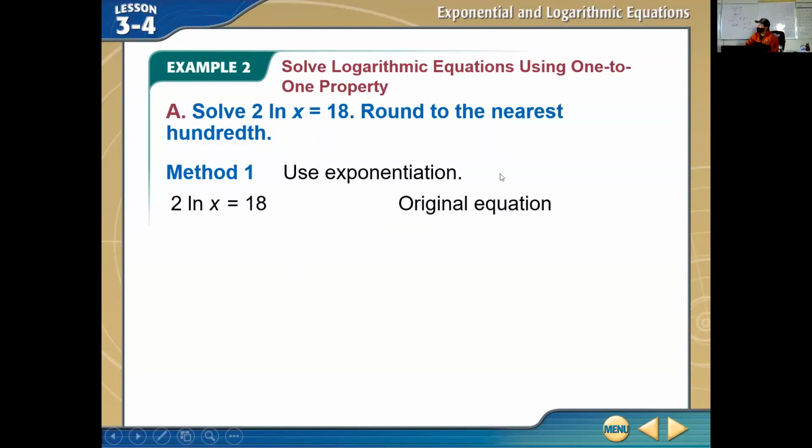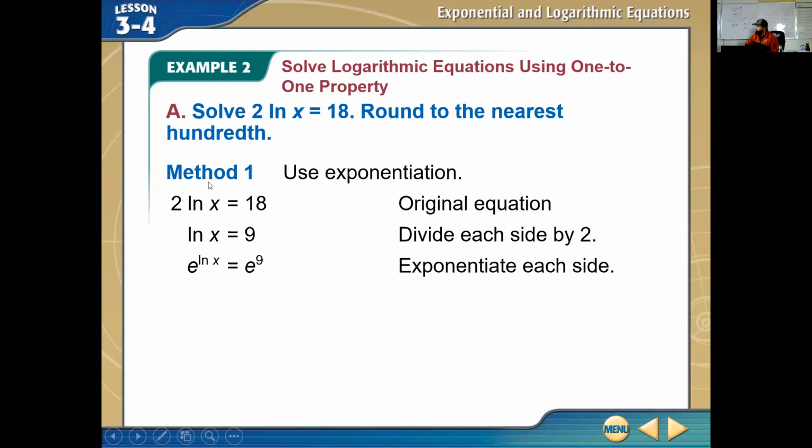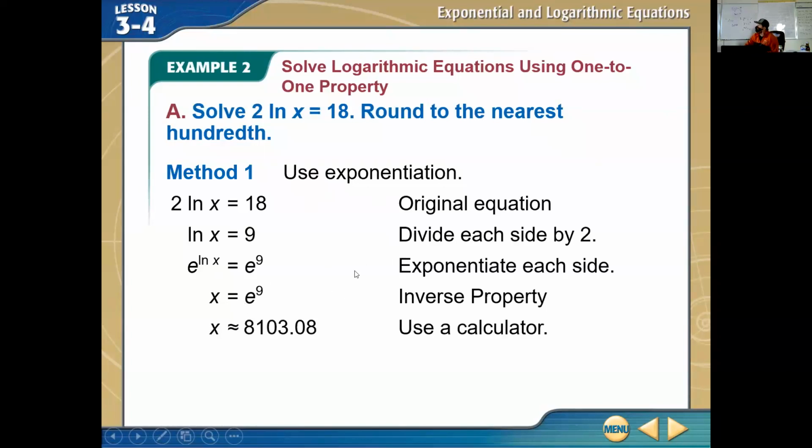Okay, so we're using exponentiation first, where we use the base. We divide each side by 2, then exponentiate. So e to the natural log of x, then the inverse property kicks in, where x is equal to e to the 9th. We get 8103.08.